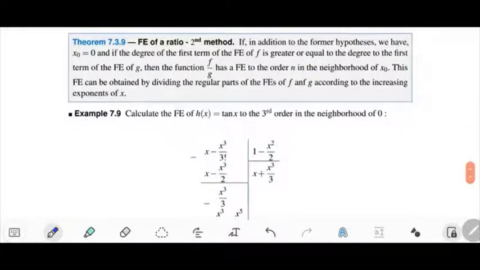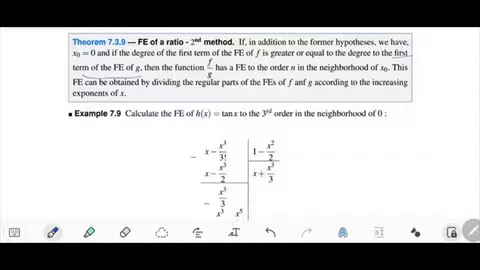Now for the second method, it's more practical, it can go faster in fact. So we have the same hypothesis. We should have f over g, and f should start with a term of degree greater or equal to the degree of the first term of the finite expansion of g, as I said before.